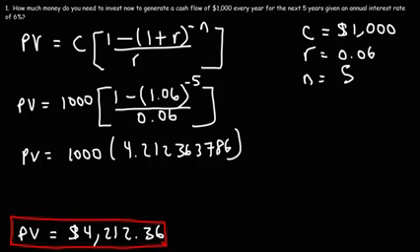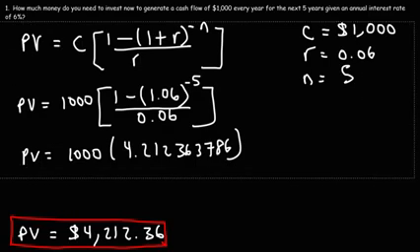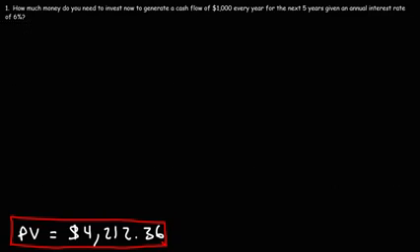Now let's talk about some other ways in which we can get the same answer. It's important to understand that the present value of money is equal to the future value divided by 1 plus r raised to the n. So let's create a number line.